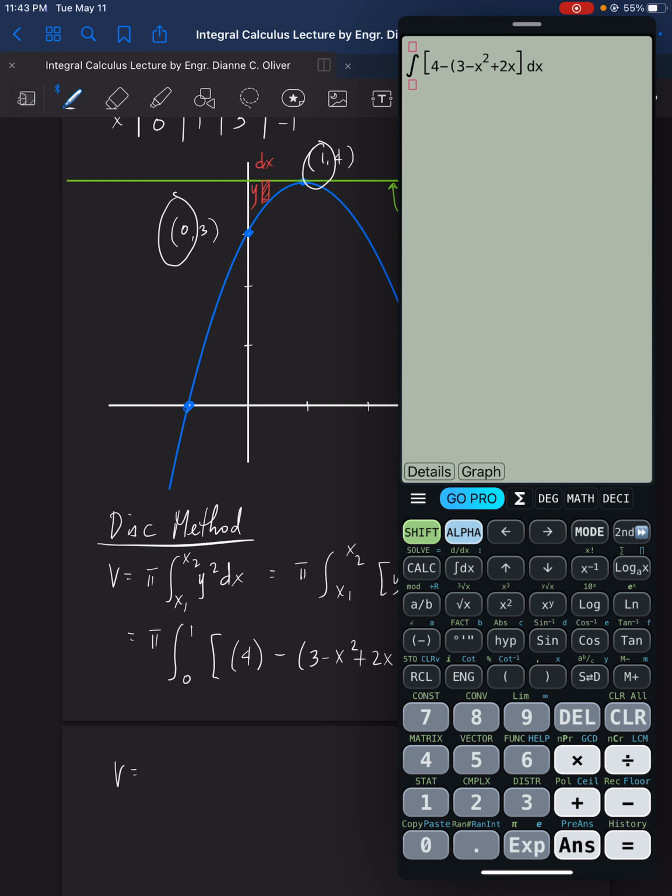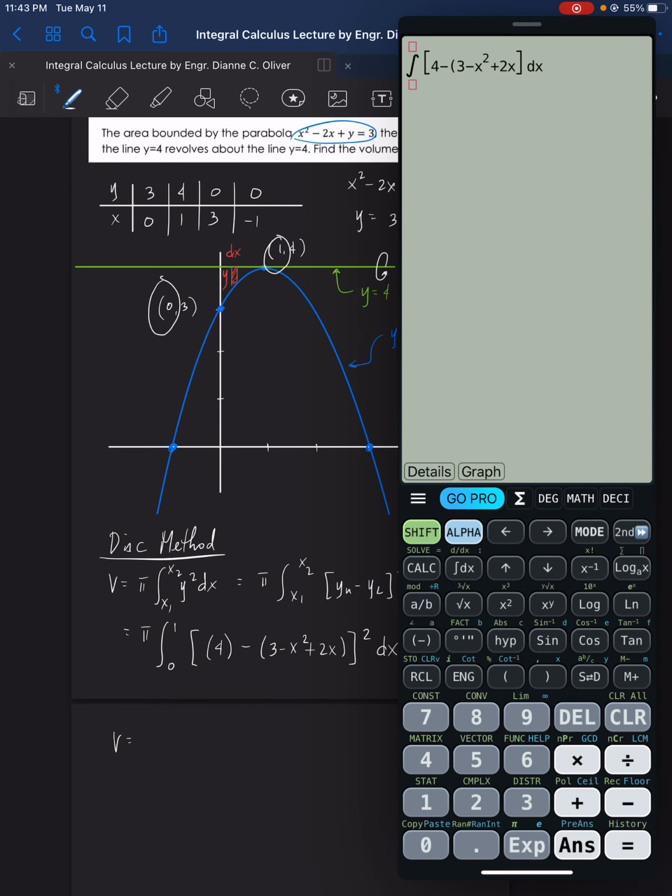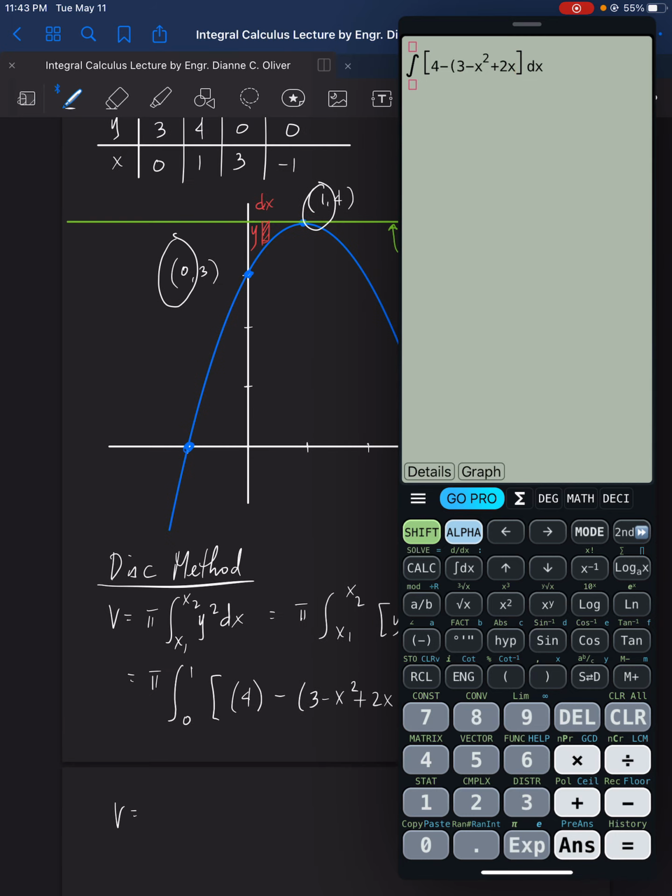Now again, this is if we are allowed a calculator, and I find this easier because it's a definite integral.